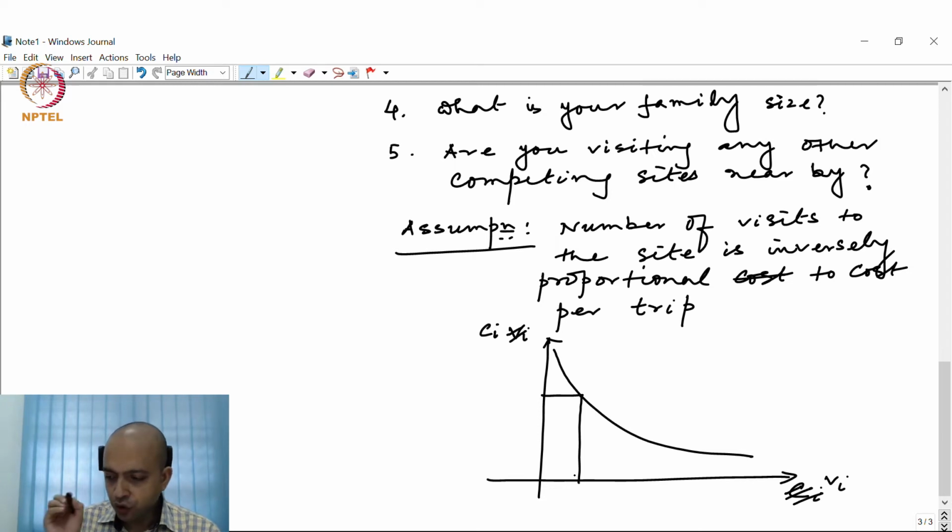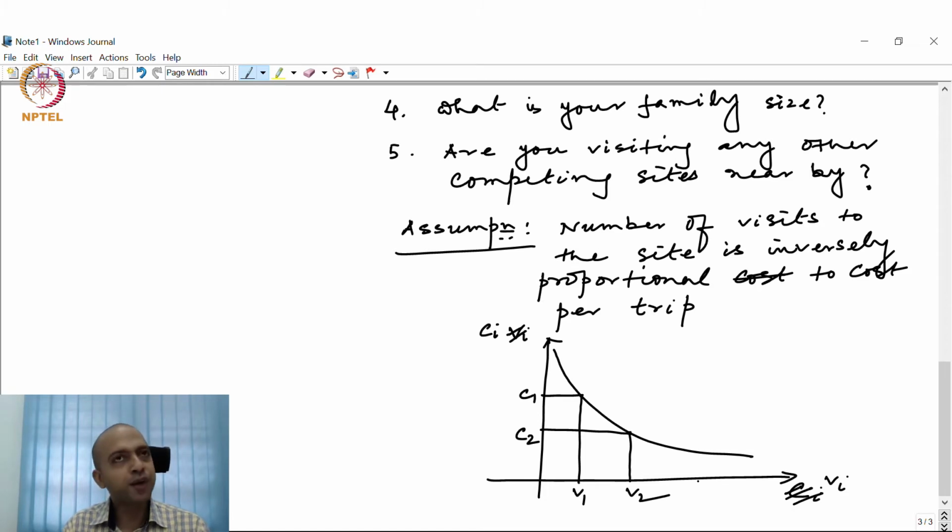For visitor 1 the cost is C1 and the visitor makes V1 trips to that particular site in the last 12 months. For visitor 2 the cost is lower, so obviously the number of trips per year will also increase.